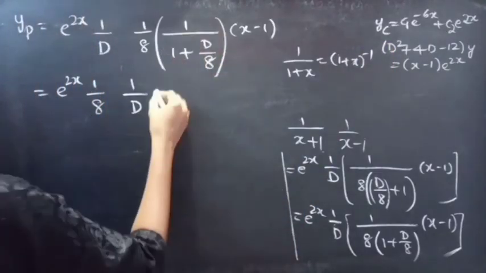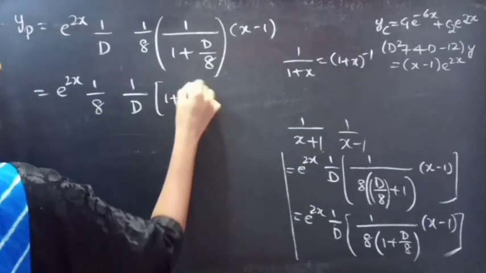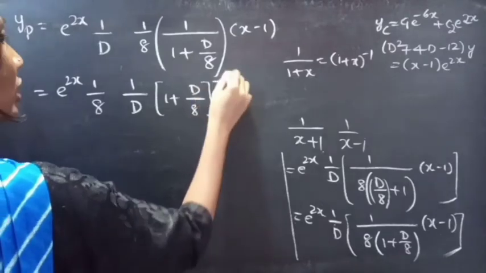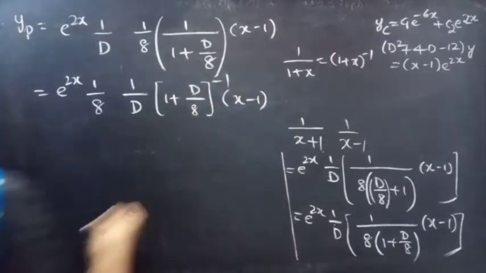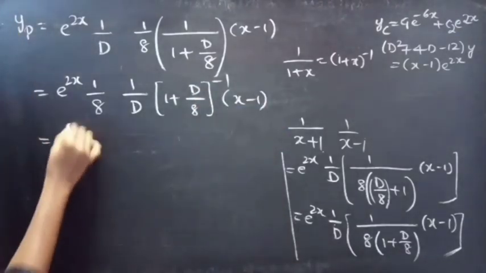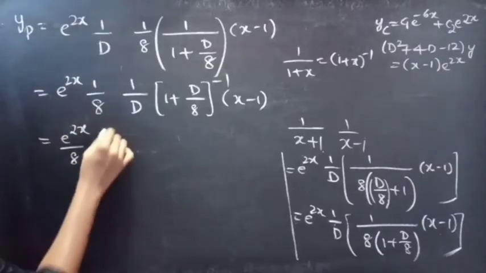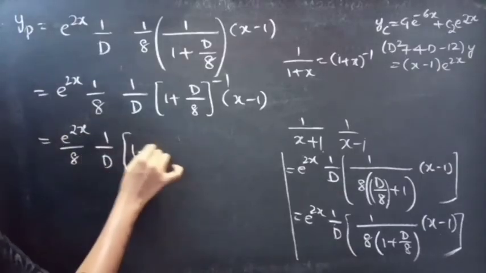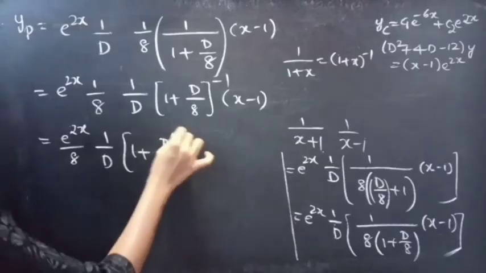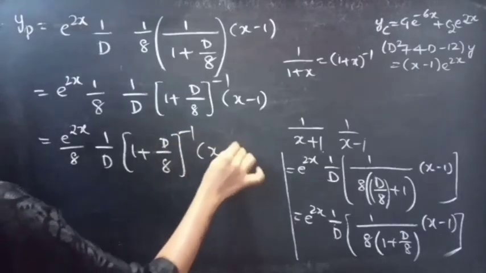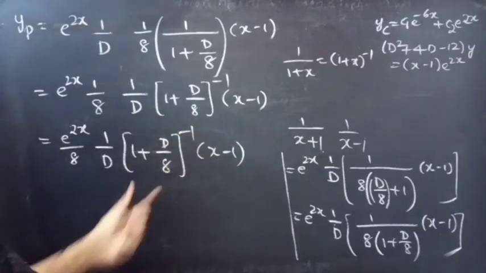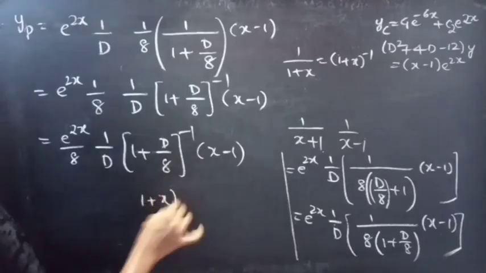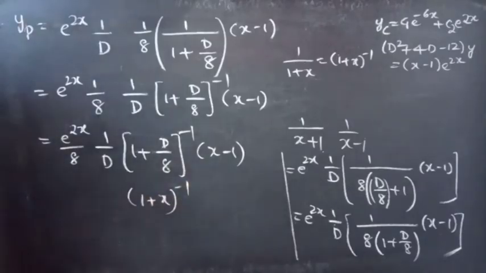So we can write this as 1 plus D by 8 whole inverse into x minus 1. Right? This is equal to e power 2x by 8 into 1 by D into 1 plus D by 8 whole inverse into x minus 1. We'll expand this using the 1 plus x whole inverse binomial series expansion.